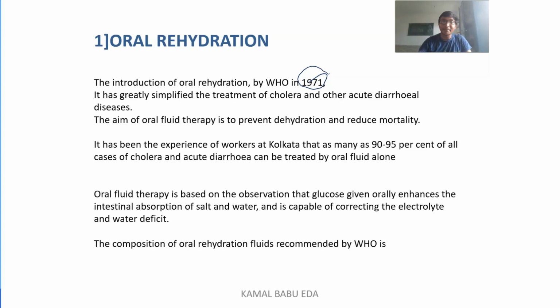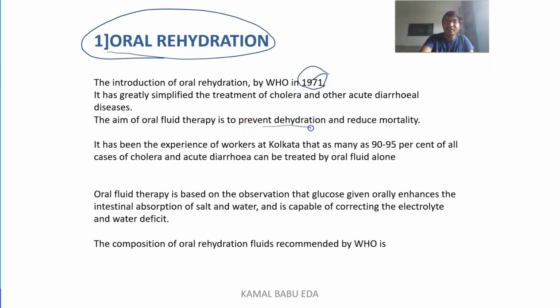It has greatly simplified the treatment of cholera and other acute diarrheal diseases. The main aim of oral rehydration is to prevent dehydration as well as to reduce mortality. Once dehydration is prevented, the mortality rate automatically decreases.